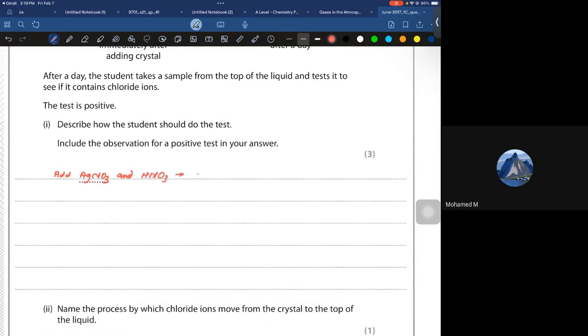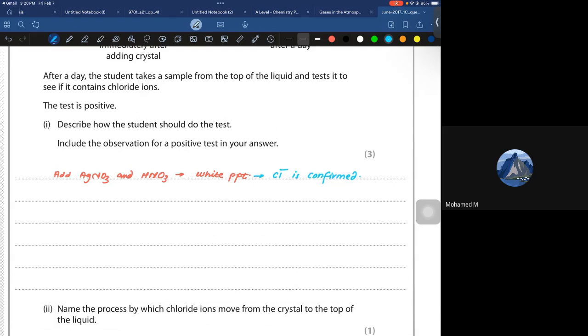So if you get a white precipitate, it means that chloride is confirmed. So this is a chemical test for the chloride ion.